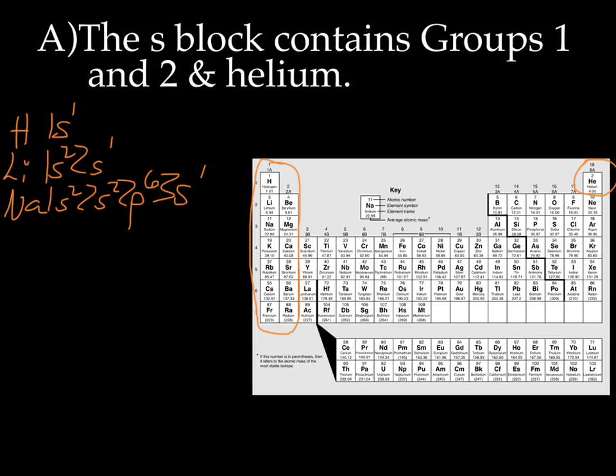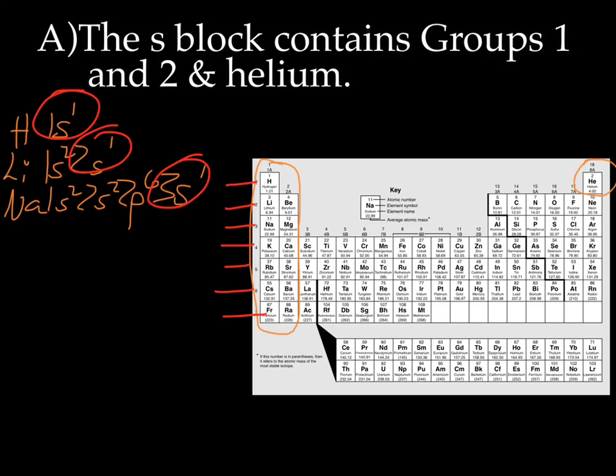So the valence electrons for all of group 1 are s1. Lithium is 2s1, sodium 3s1, potassium would be 4s1, rubidium 5s1, cesium 6s1, and francium 7s1.